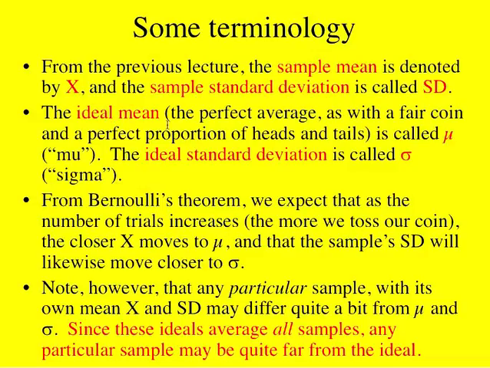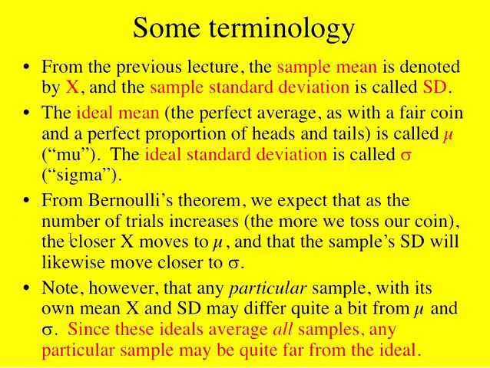The ideal mean is called mu. It's basically a Greek letter, read mu, for mean, right? The ideal standard deviation is this thing right here, this O thing. This is the Greek letter sigma, okay? Sigma, basically standard deviation.